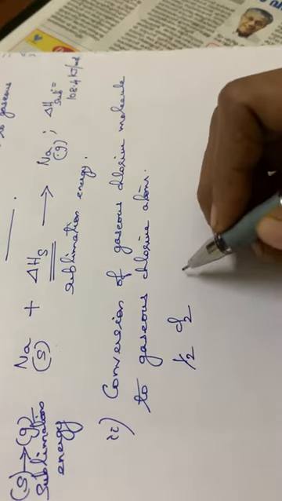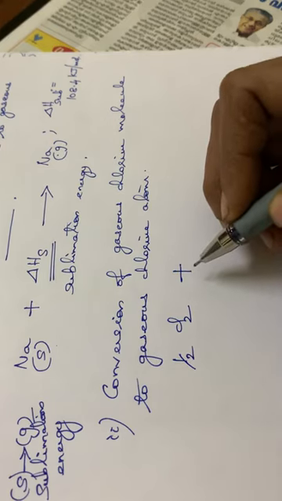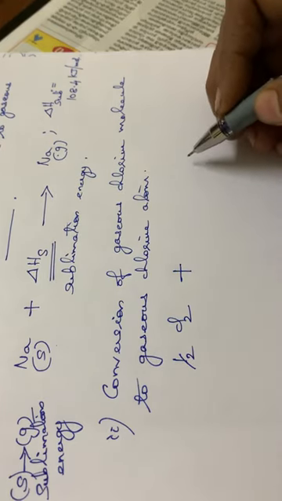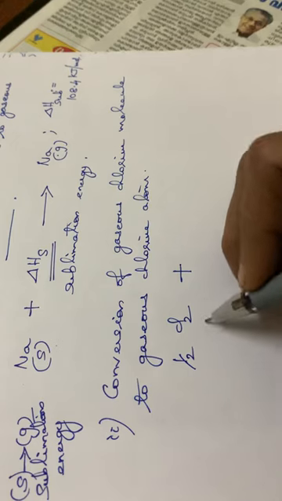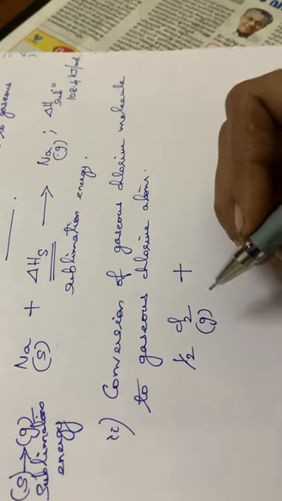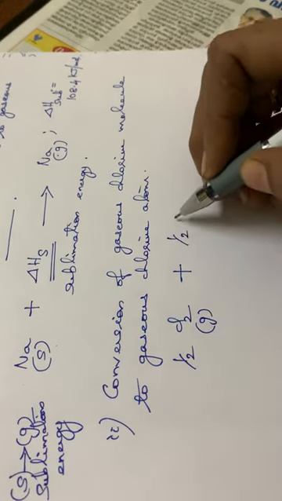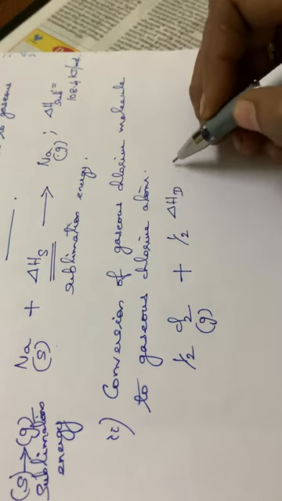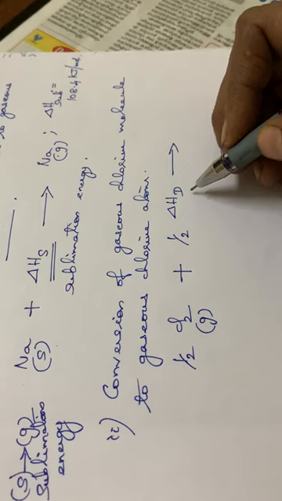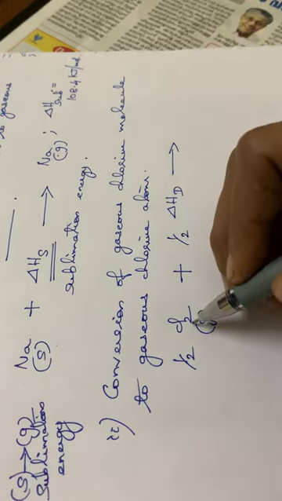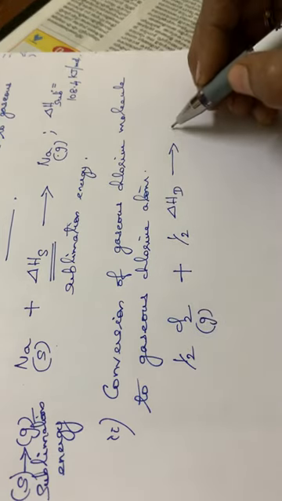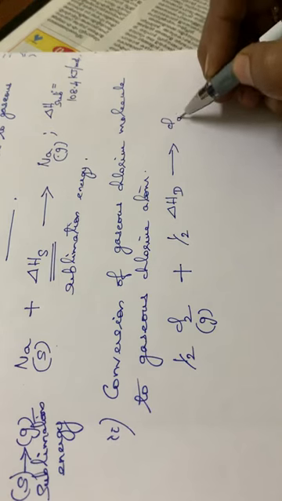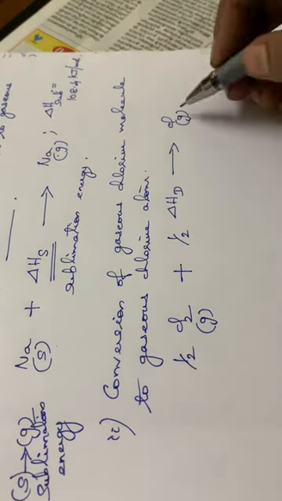Some amount of energy is also needed here for the conversion of chlorine molecule to gaseous chlorine atom. Here the chlorine molecule is in the gaseous state. The energy required here is delta Hd, the enthalpy of dissociation, or the energy needed to dissociate chlorine molecule to chlorine atom, which is in the gaseous form.